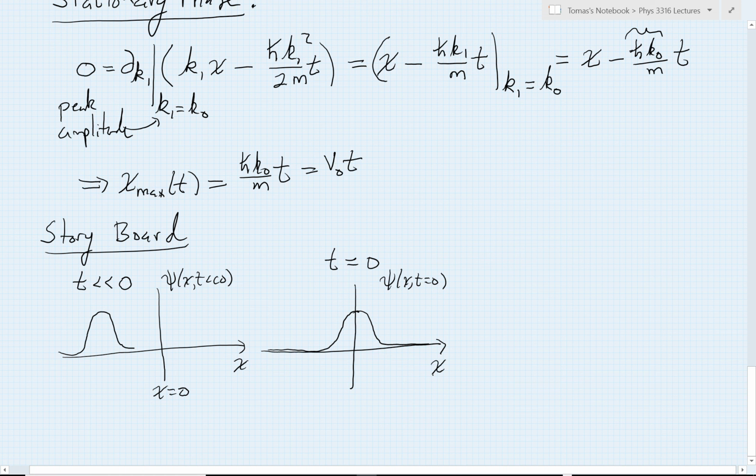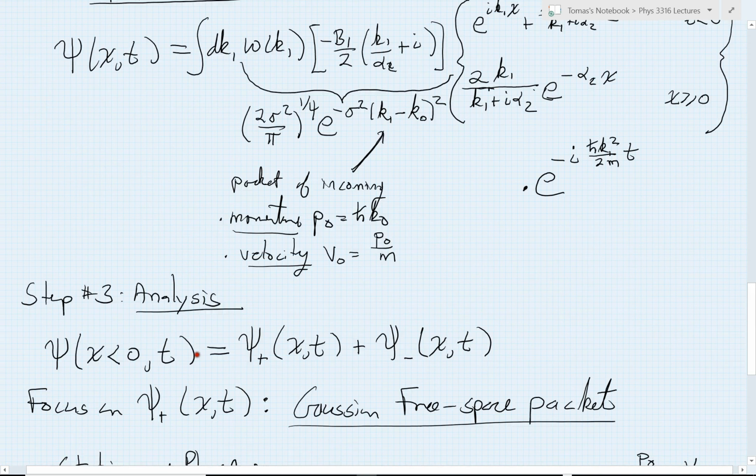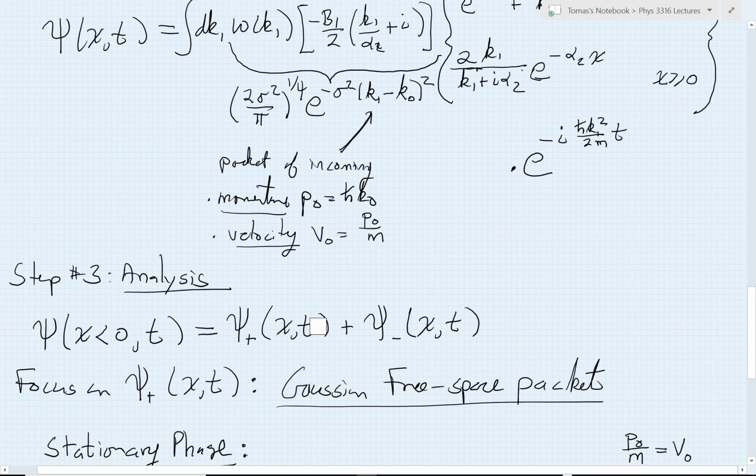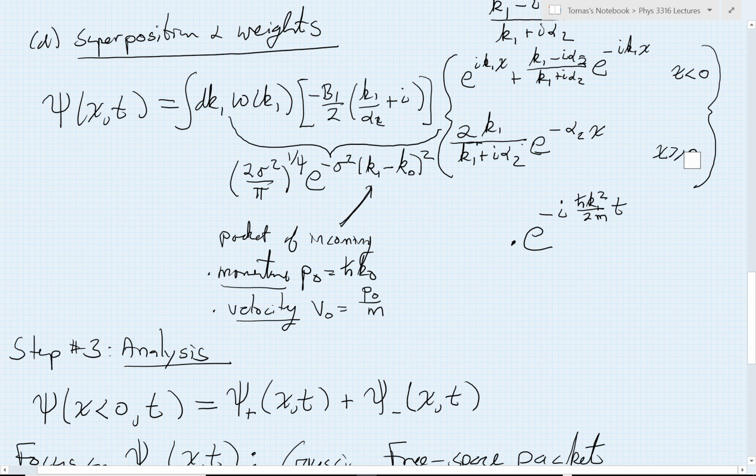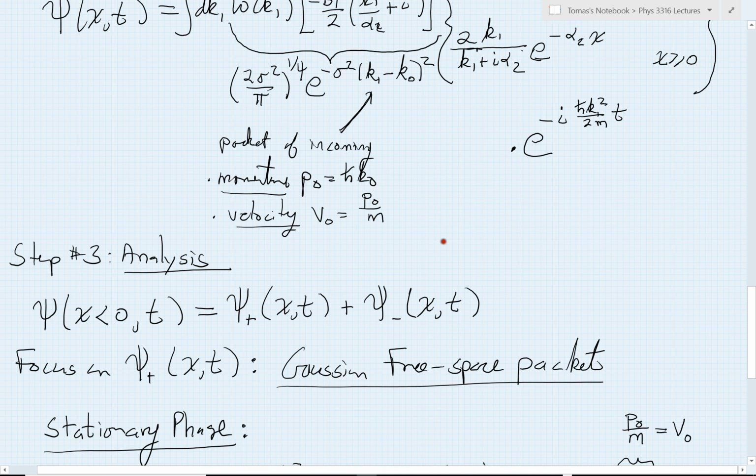Because notice, this piece of my solution that I'm looking at, I'm analyzing the ψ plus, and this added to the ψ minus ultimately, but this only makes sense when x is less than 0. When x is greater than 0, it's an entirely different function. It's this decaying exponential function that controls the behavior. But I'm just looking at this piece of the behavior right now, and this piece only applies for x less than 0.